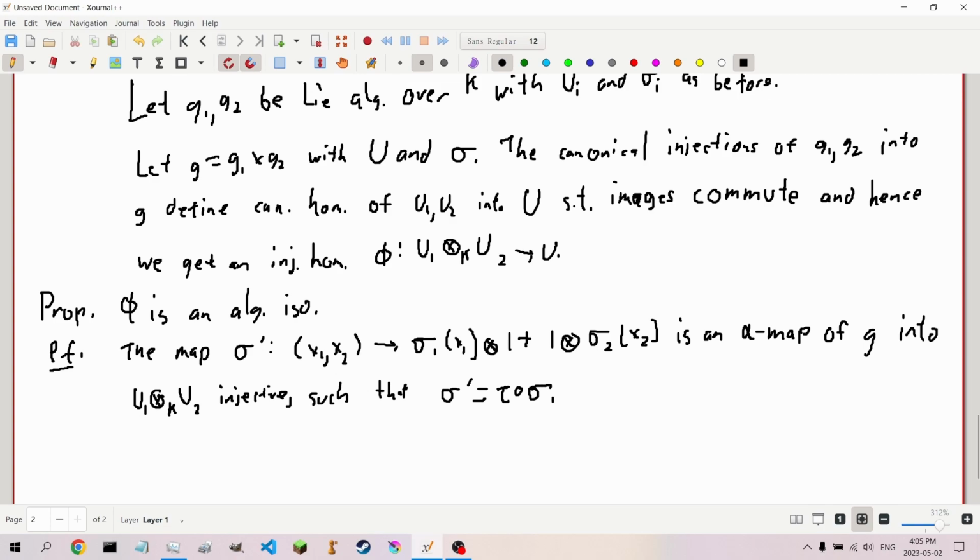So for an element x in G, sigma i sends that to each side, its respective side, and then tau sends that essentially to sigma. You can follow it through, I'm guessing.